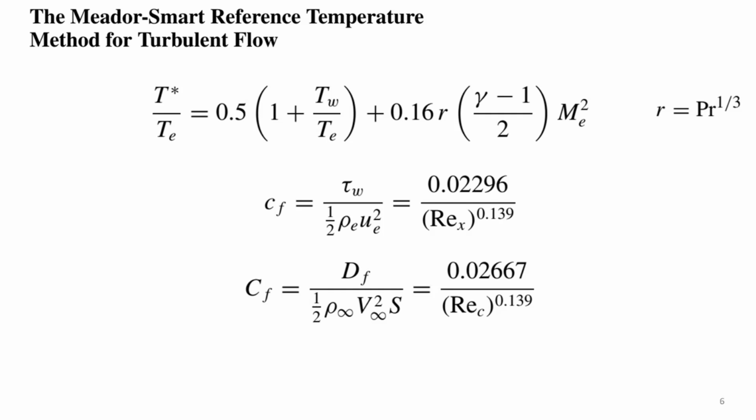Typically for turbulent flows, we use Prandtl number equal to 1, so this R will also be equal to 1. This reference temperature gives a more approximate value of viscosity, which is then implemented inside the Reynolds numbers, Re-X and Re-C, presented in the following formulas. And with this new viscosity, we can estimate values of friction coefficient more accurately.